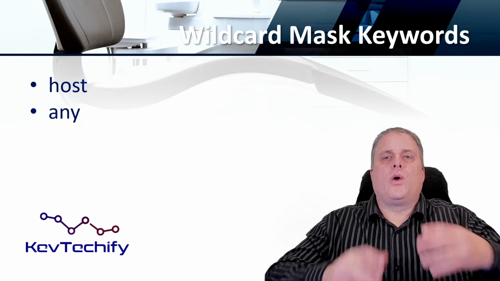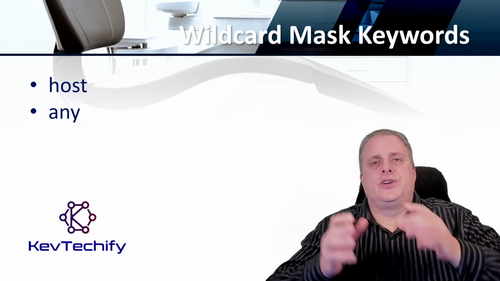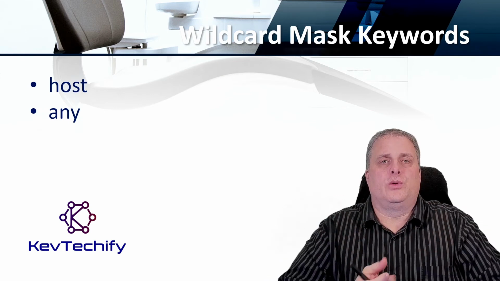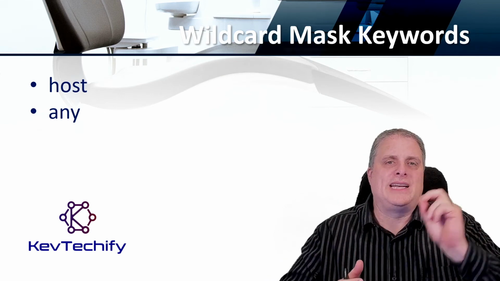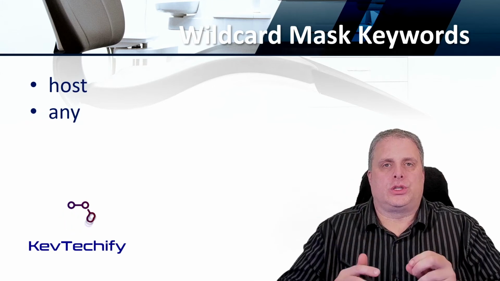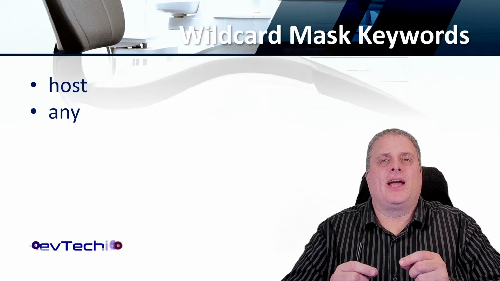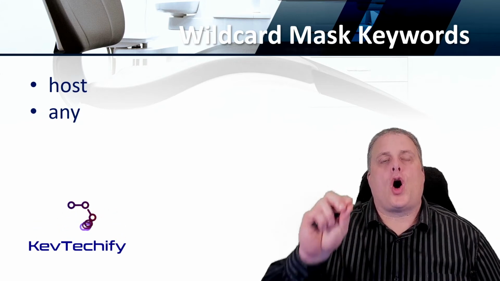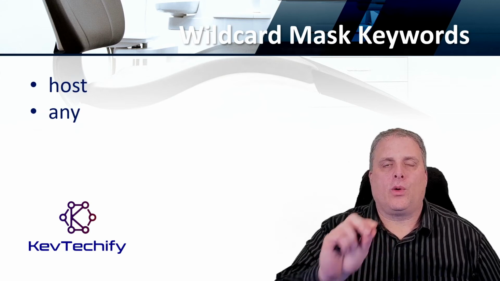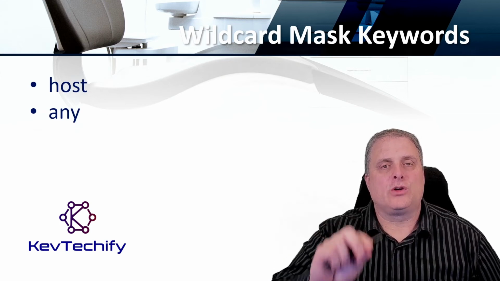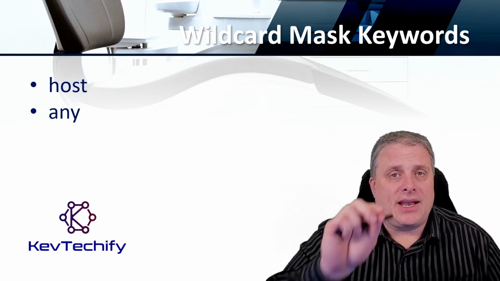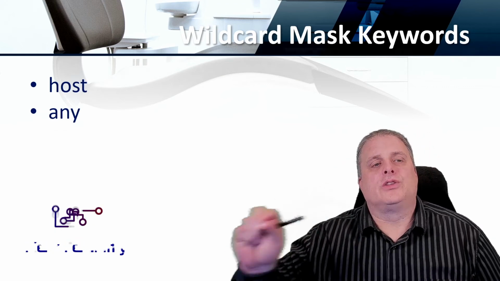When you're using wildcards, building your access control entries and your access control list, you can use 2 keywords. Those 2 keywords are host and any. When you are matching a host, you are matching a single IP address. You are going to match all 32 of those bits. And remember, in a wildcard mask, zeros are matching. And so if you're matching that IP address, you have to have all zeros.